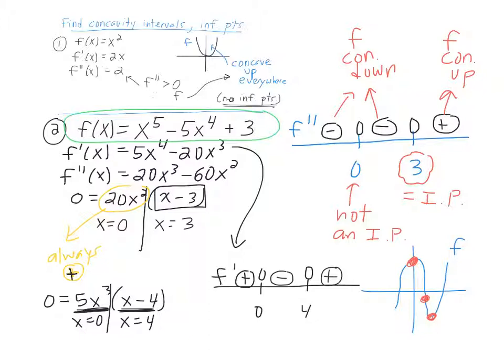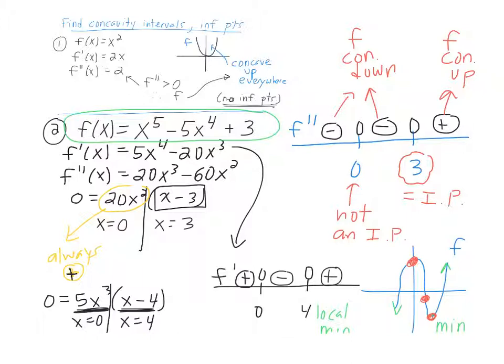I marked off some key points here. In no particular order, let's look at this one down here. Notice we have a local min at x equals 4. That's shown right here, and by the way, this would go down forever and up forever, so we would not have an absolute min or max.